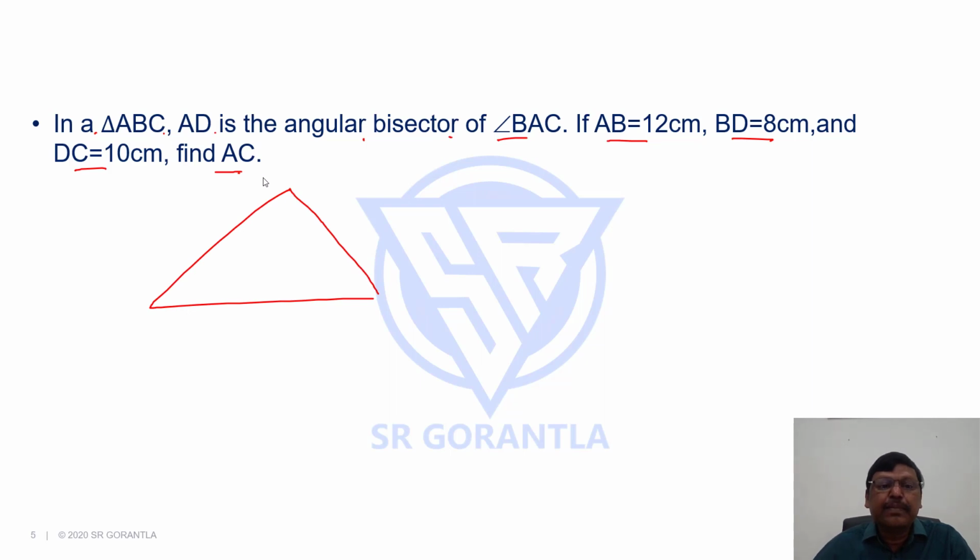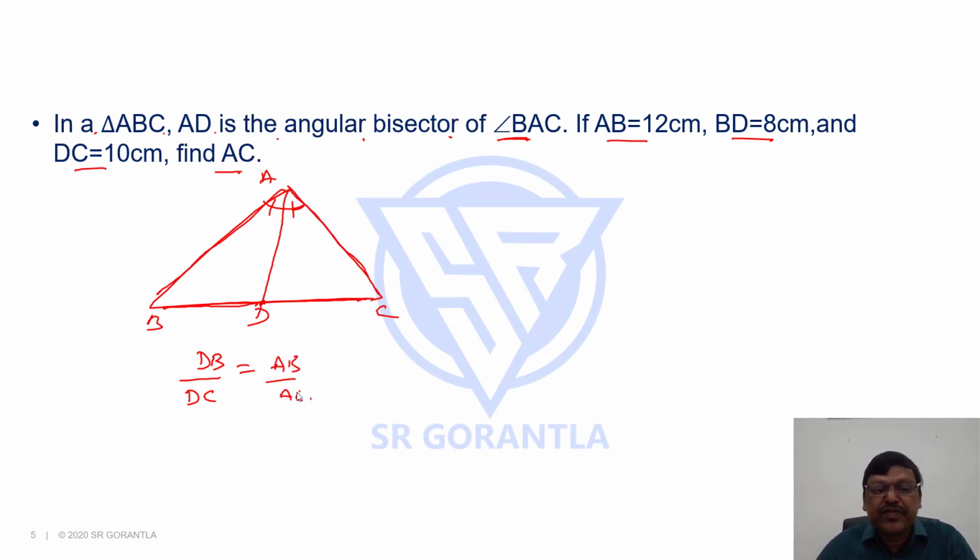Let me draw. In a triangle ABC, AD is the angular bisector of angle BAC. BAC is this angle, and this bisector divides it into two equal portions. It touches BC at D. Now we know an angular bisector divides the opposite side in the ratio of adjacent sides, so DB by DC will be the same as AB by AC.